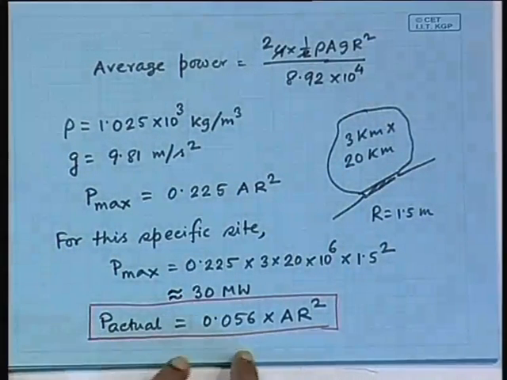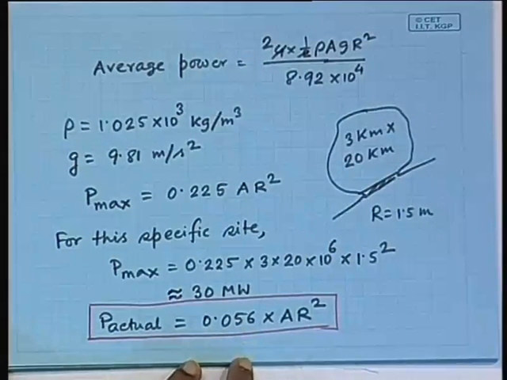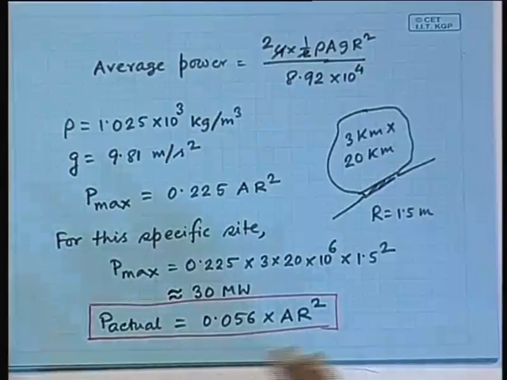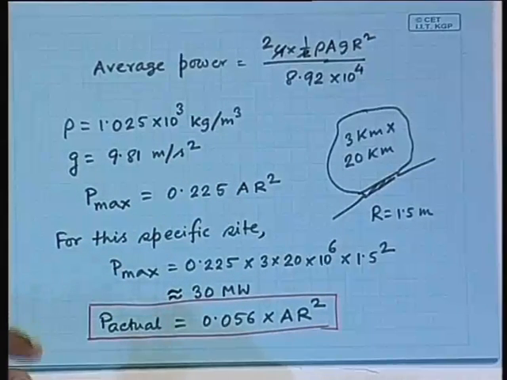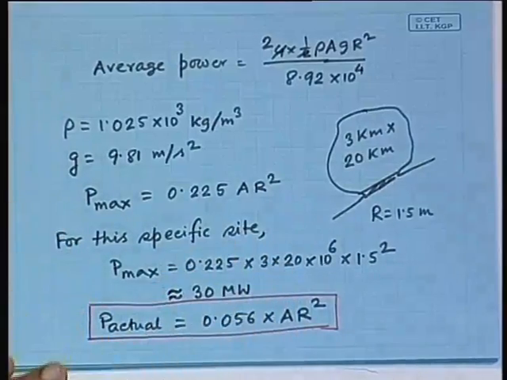So if you make it 1/4, how much does it come to? 1/4. Approximately 13, right? Yes. So just if you increase it from 1.5 to 2, it increases from 8 megawatts to 13 megawatts, quite a lot of increase, right? So that you have to keep in mind. One has to select the sites that have good power generation capacity, good head.